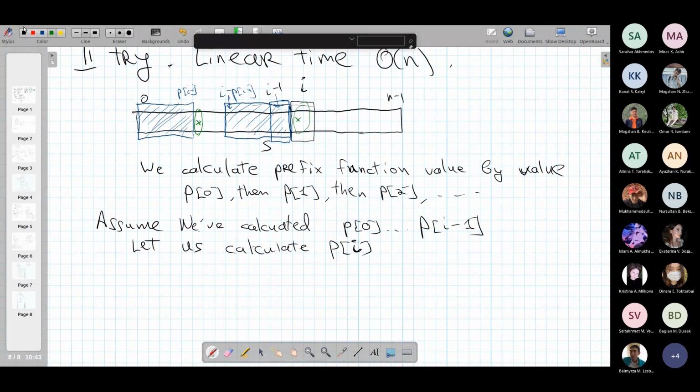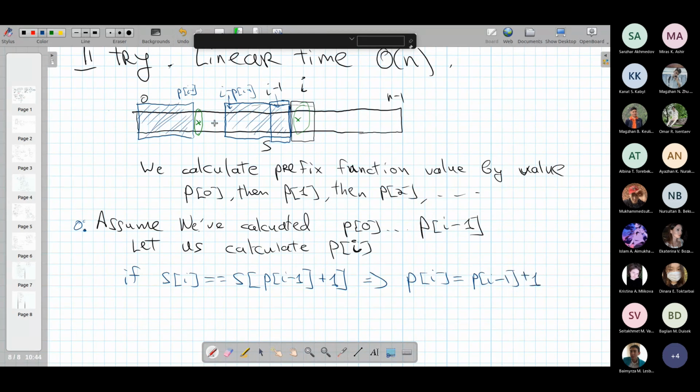So let me just write it down. Okay, this is the setup. If S of i is equal to S of P of i minus 1 plus 1, then P of i is equal to P of i minus 1 plus 1.